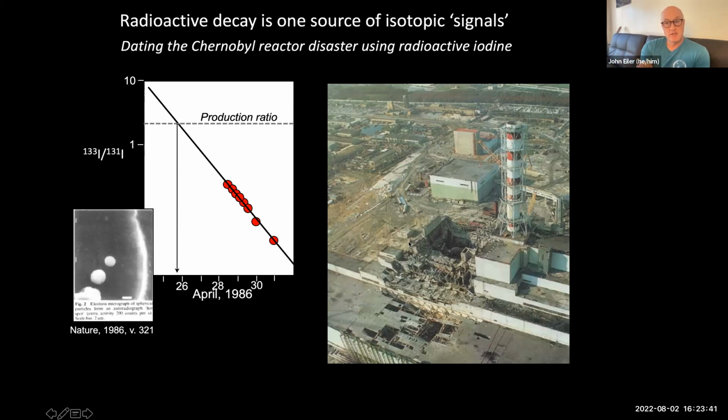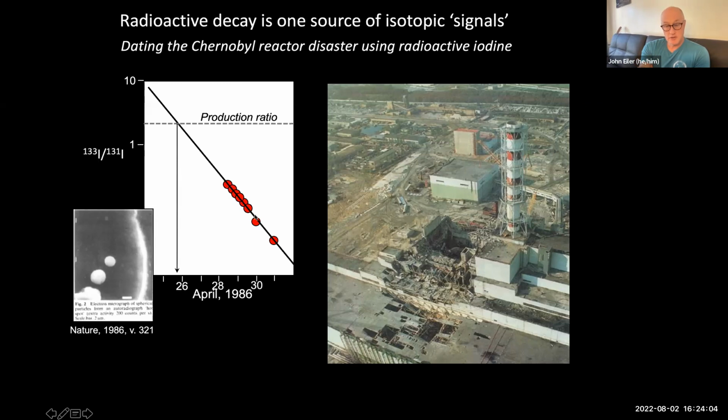But samples of dust that were released from this meltdown were collected elsewhere outside of the Ukraine, and they were analyzed for their ratios of rare isotopes of iodine. Both of these are radioactive isotopes, but one of them, iodine-133, undergoes radioactive decay faster than iodine-131.